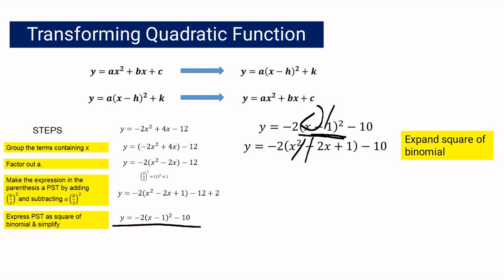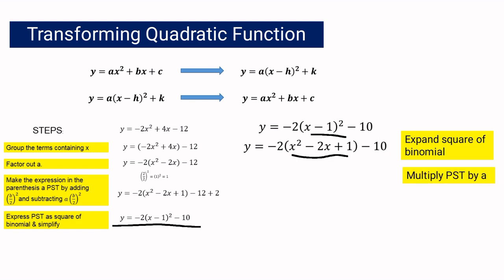Since you have minus here, you have minus 2 times the first term and the last term. 1 times x is x, times 2 is 2x, and then 1 squared, square the last term, that is 1. So if we expand x minus 1 squared, the result will be x squared minus 2x plus 1, and then you just copy minus 10. That is step number 1.